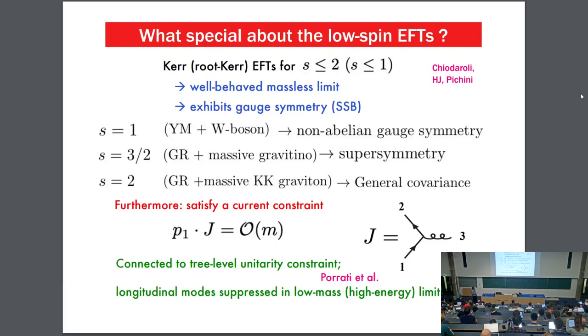And so we take this lesson that there is something about these theories which has to do with spontaneous symmetry breaking, and then we look up a paper from, I think, the 90s, by Porrati et al.